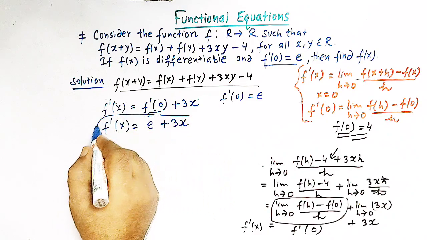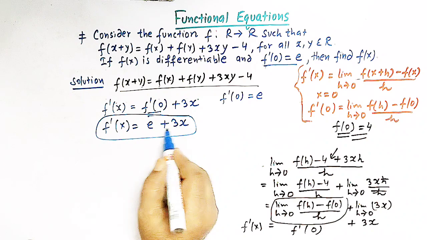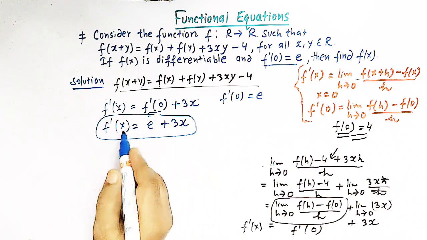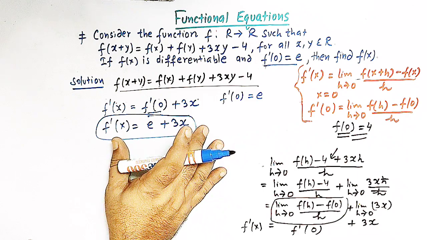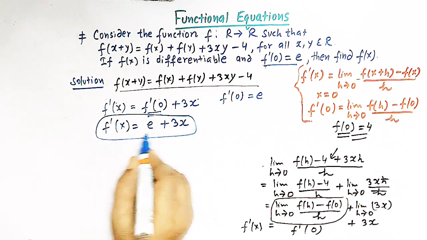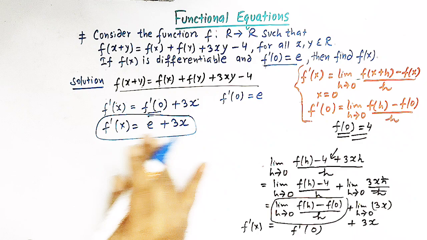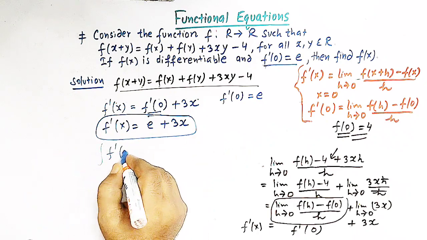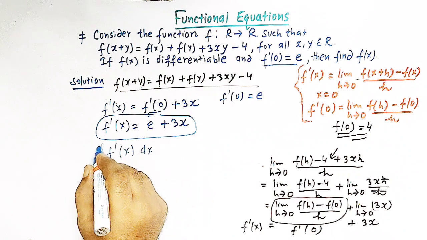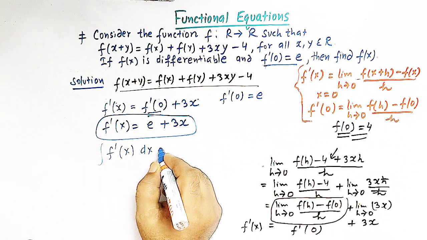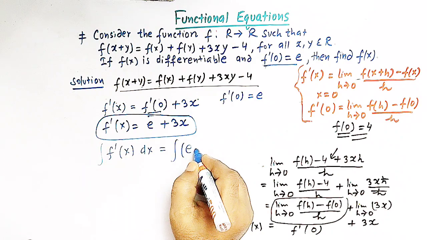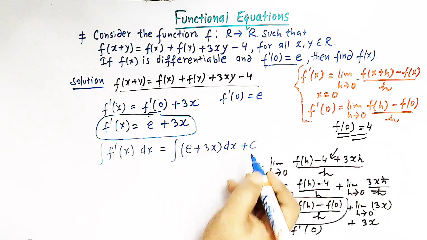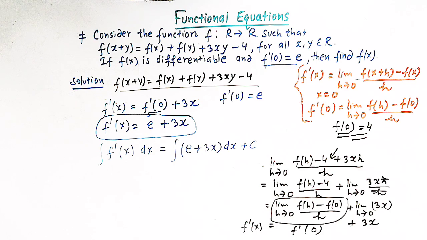Now see, the right hand side is a linear function, and here we have the derivative of f of x. So this is a differential equation, and we have to solve this differential equation by integrating both sides. So we have here the integral of f prime of x dx, and here we have the integral of e plus 3x dx plus c, where c is the constant of integration.